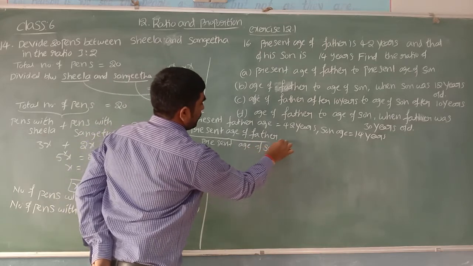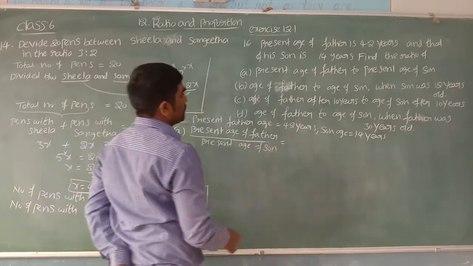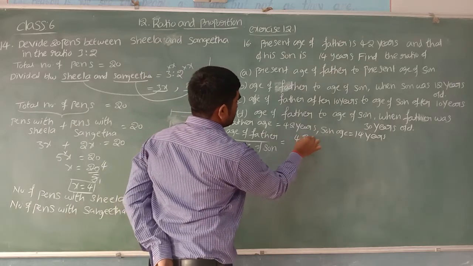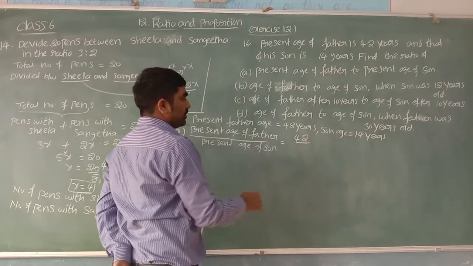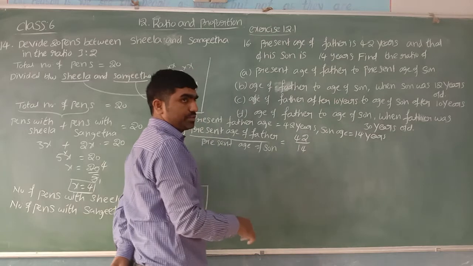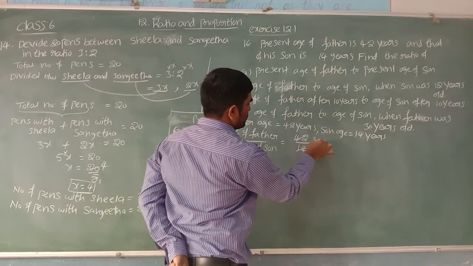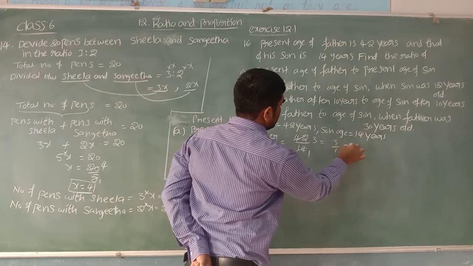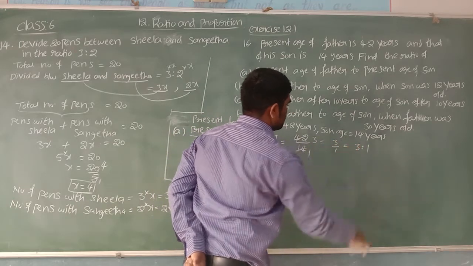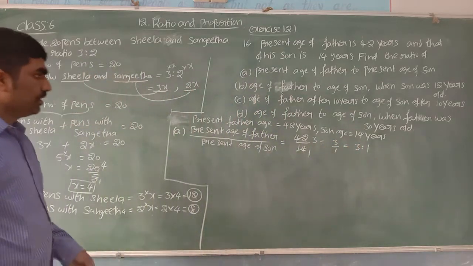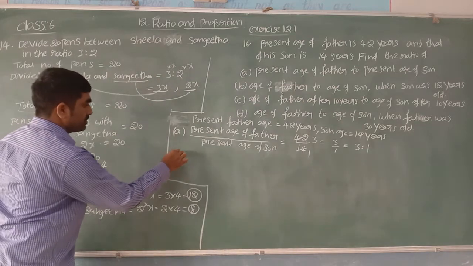They have to find the ratio. What is the present age of father, beta? 42 years. What is the present age of son? 14 years. You can find the ratio now. 14 1s are 14, 14 3s are 42. You can write here 3 by 1 is equal to how much? 3:1. Like that you can find the ratio.